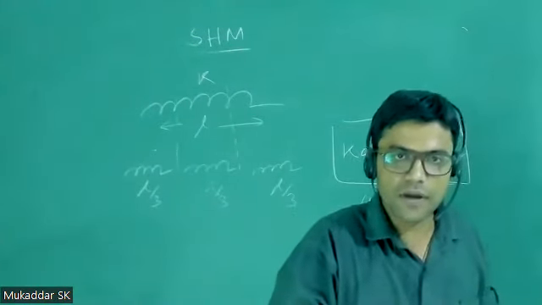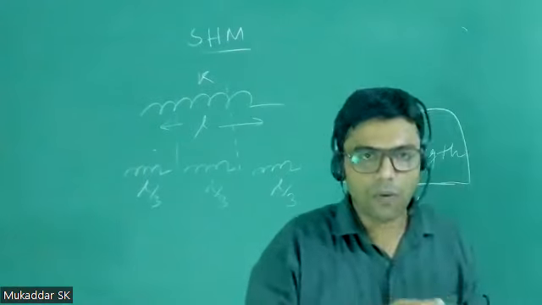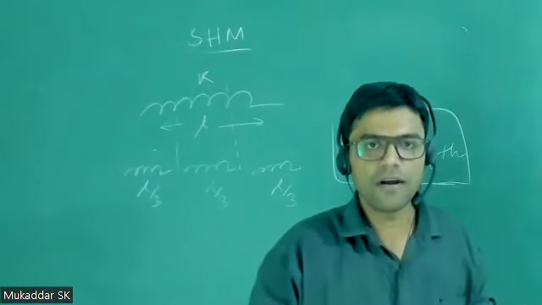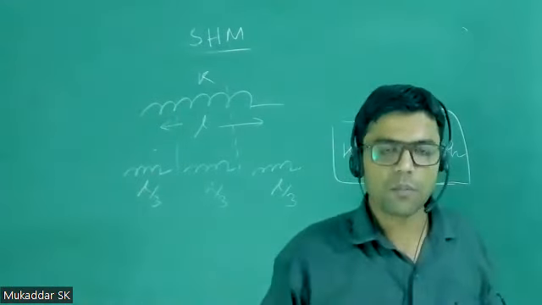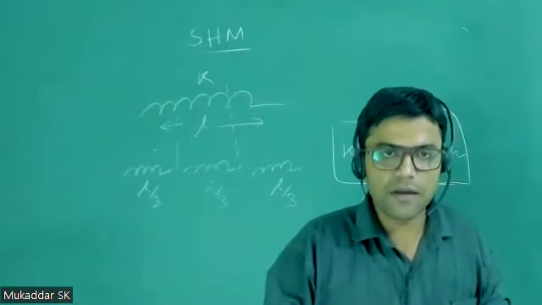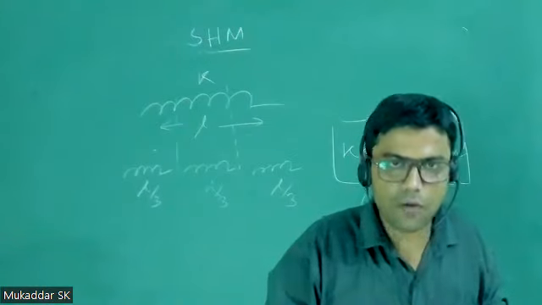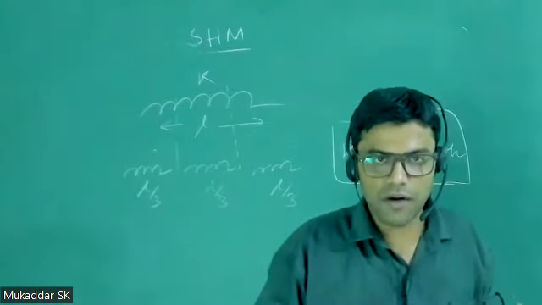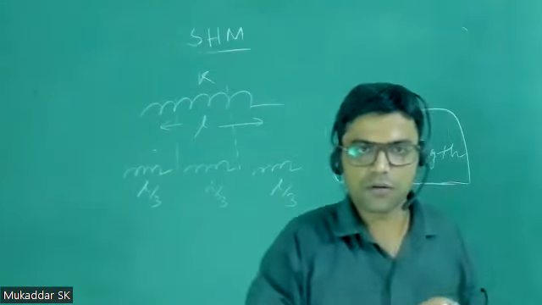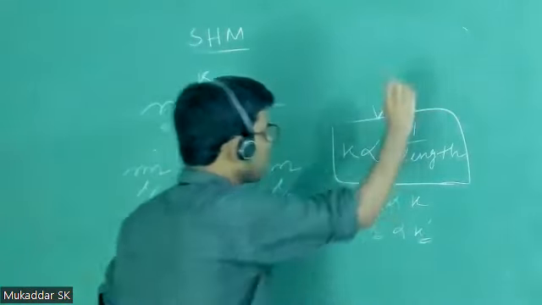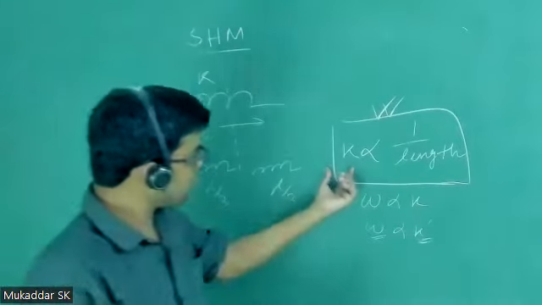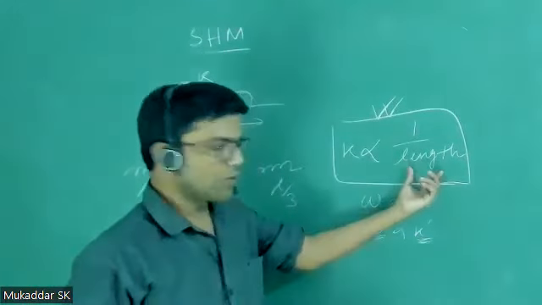That's why it's very easy to stretch, or the amount of work done will be small for a large length spring if you stretch it further. But if you have a small length spring, it's very hard to stretch, or the amount of work done will be large because of the large spring constant. And this is the formula to know how the spring constant is related to length.